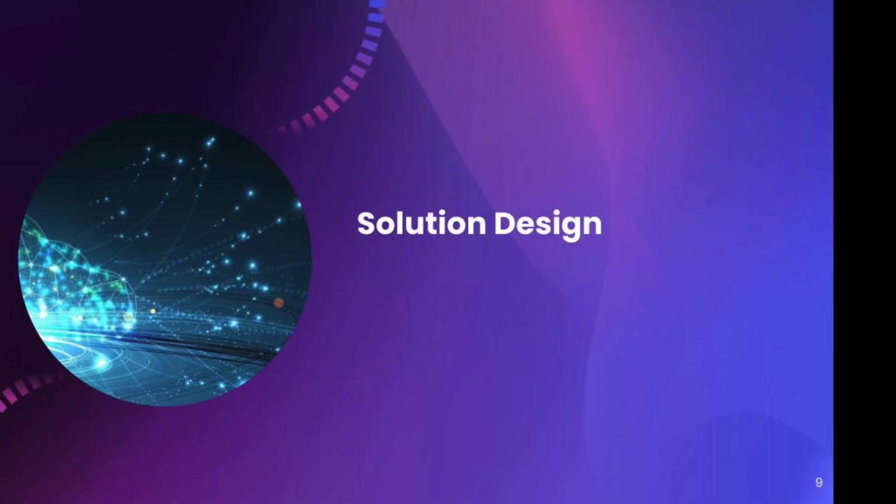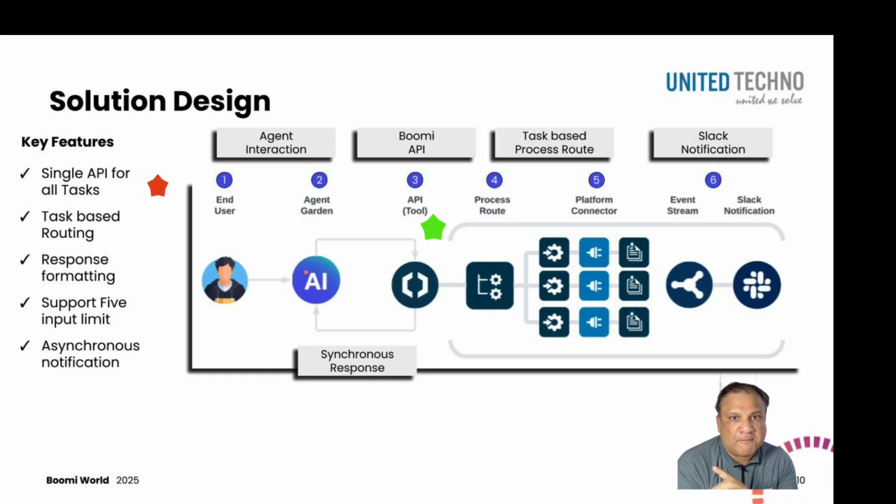Let's look at the solution design now. API for all the tasks with a process route for each specific task or instruction. There are currently about 15 to 20 routes for the entire agent. The API responses were carefully crafted as bulleted plain text to work with the agent garden.